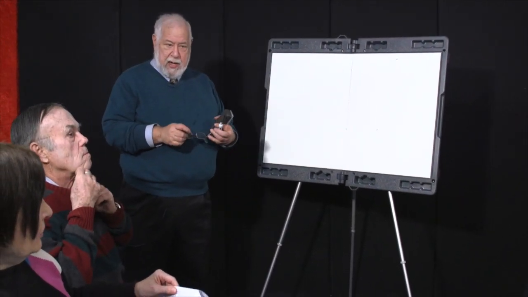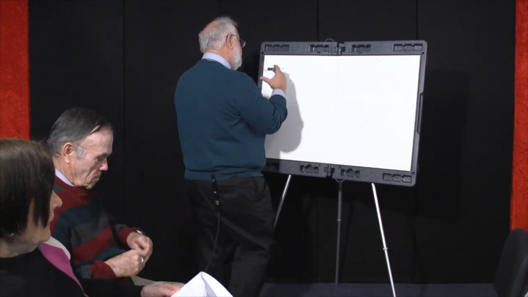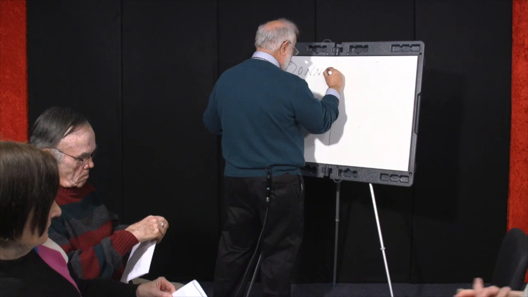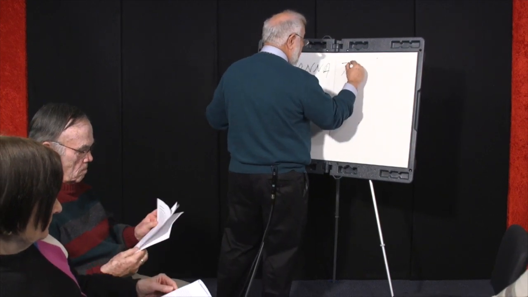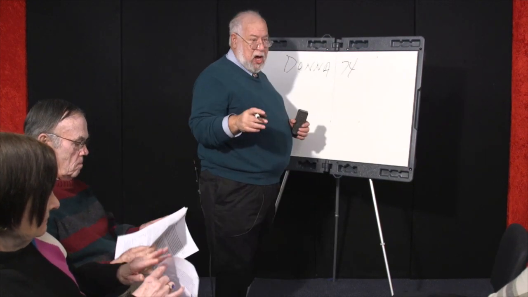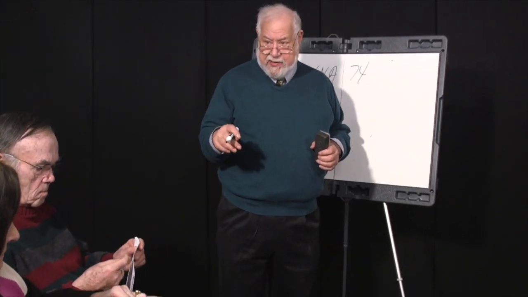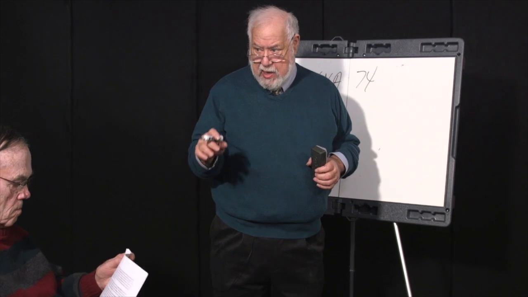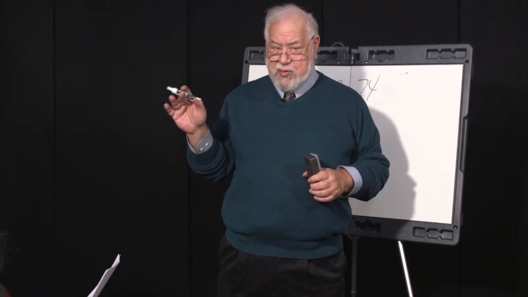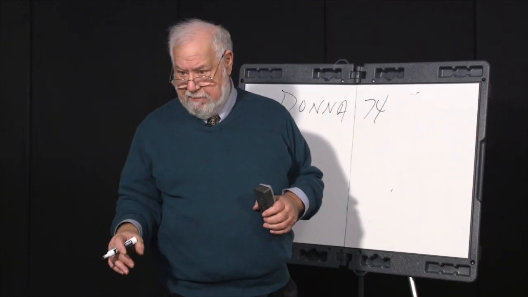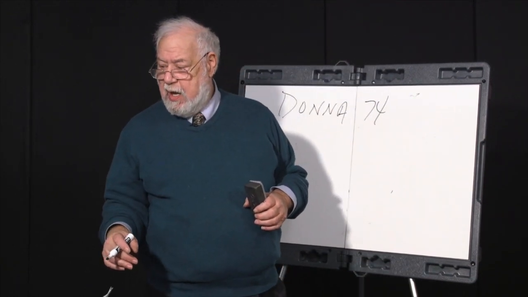Donna is 74, a widow. Donna's husband died. She lost her Social Security benefit because of the death of her husband. She chose her husband's Social Security benefit, which was how much money? His was 1955.